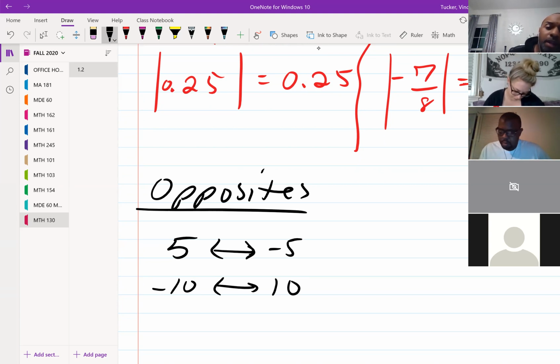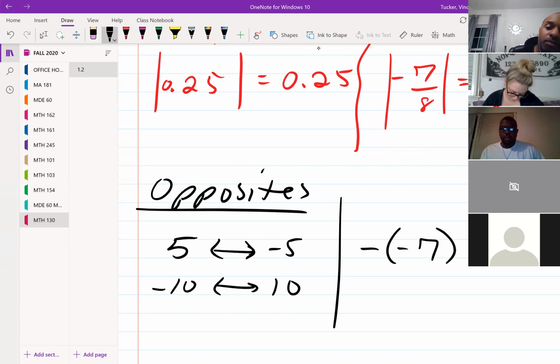So they are opposites. If I apply the negative to -7, negative to a negative will turn positive.